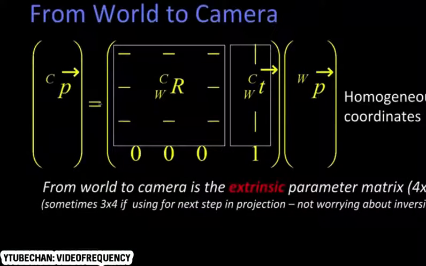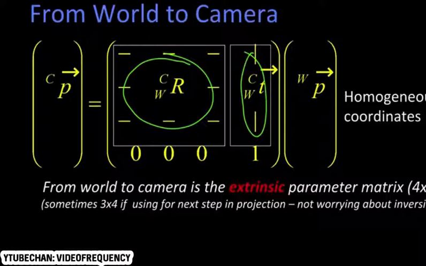There are only 3 angles, heading, pitch, and roll, Euler, omega phi kappa, whatever. There are 3 angles that define that rotation matrix, so it's not 9 independent numbers, right? There's only 3 angles, and then there are 3 translational values. And that's why there are still 6 extrinsic parameters, even though we can use a 3 by 4 or sometimes even a 4 by 4.